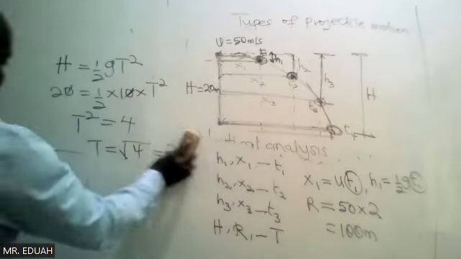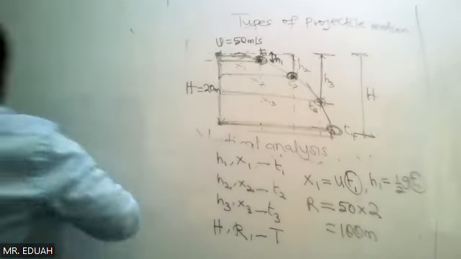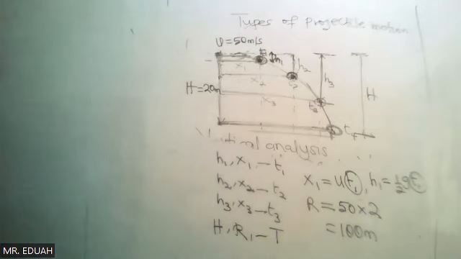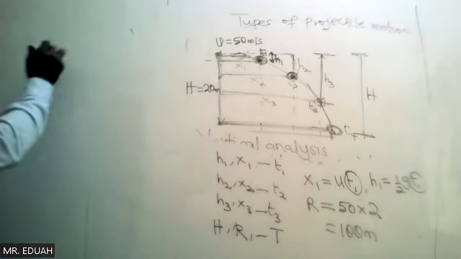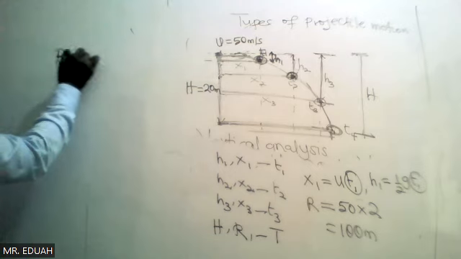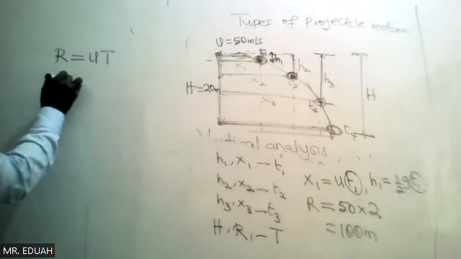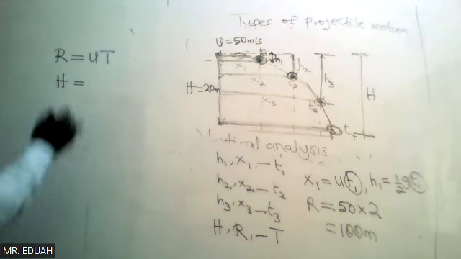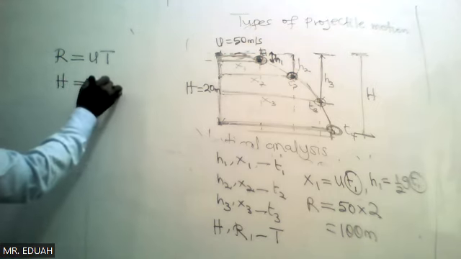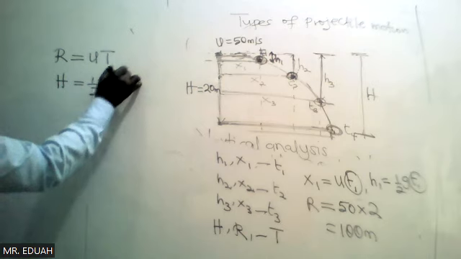This is what they mean. The equation for the range R is equal to UT. The equation for the maximum vertical displacement is half JT squared.